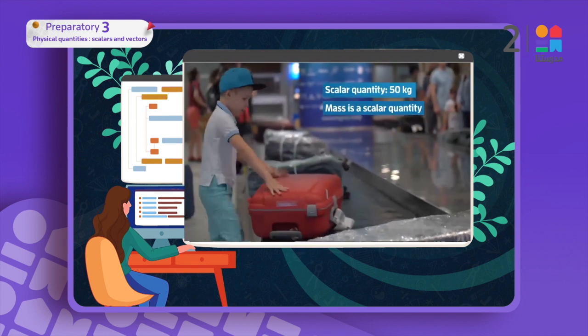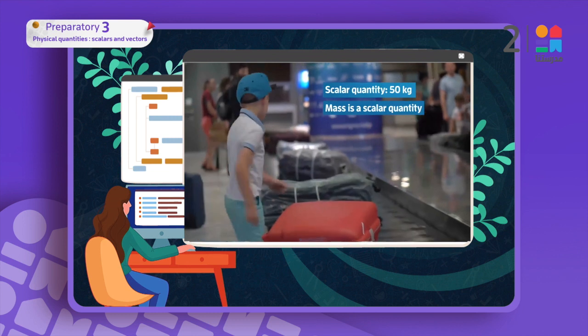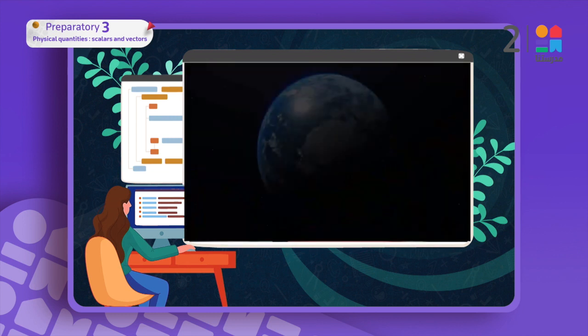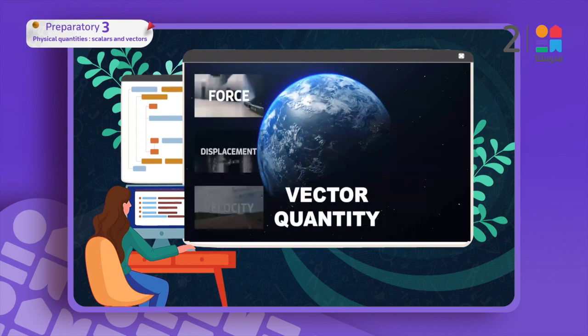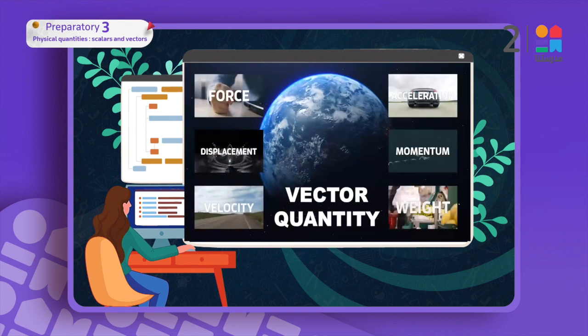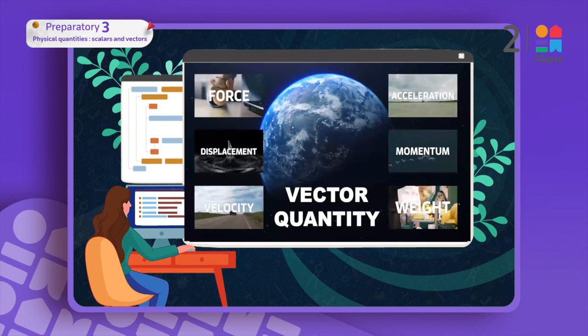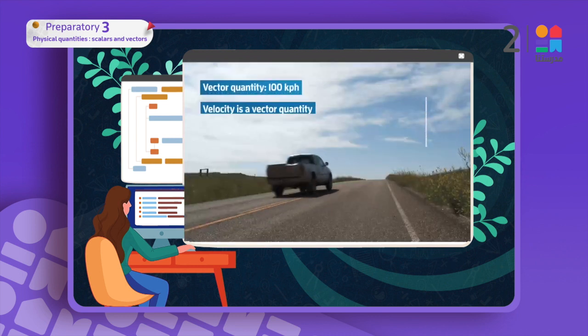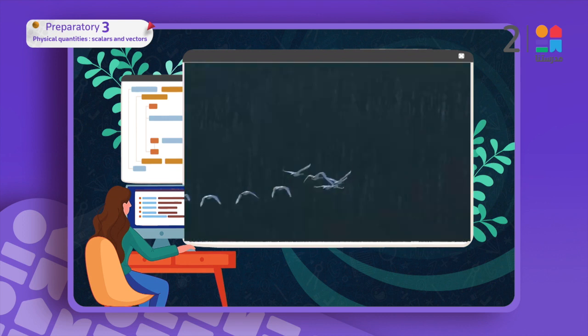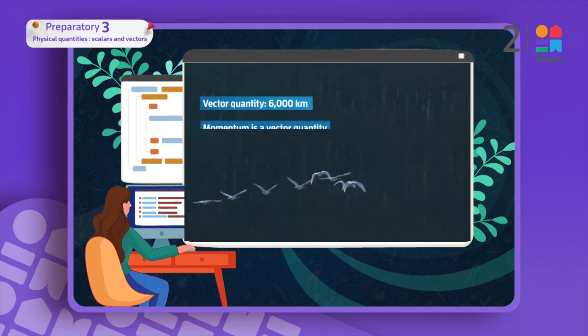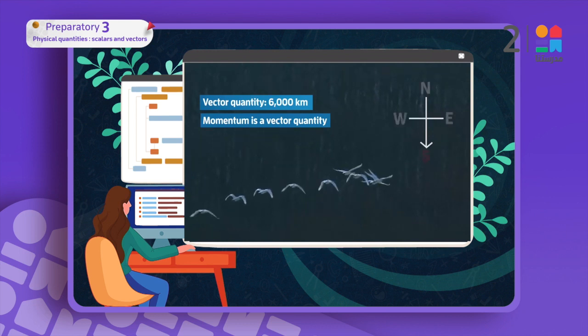A 50-kilogram bag on the baggage carousel is a scalar. A vector quantity not only has magnitude, it has direction. The truck travels east at 100 kilometers per hour. The birds fly 6,000 kilometers south in winter.